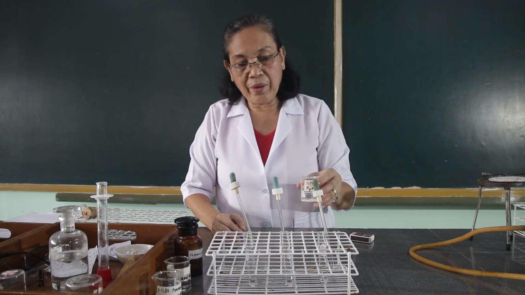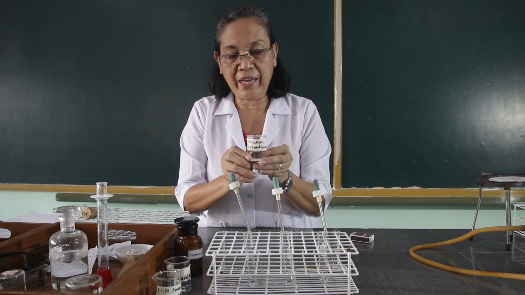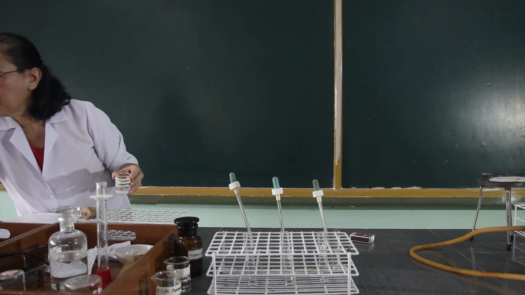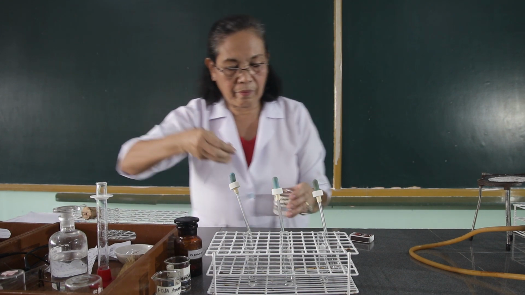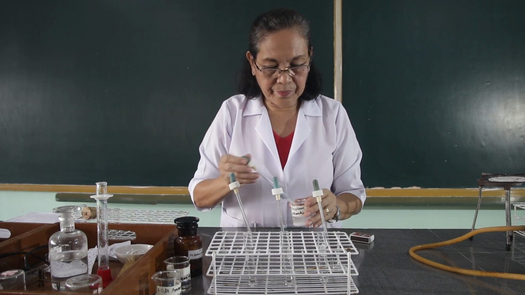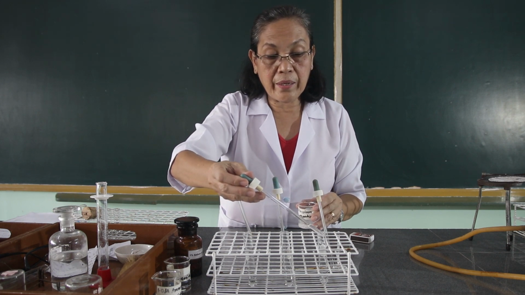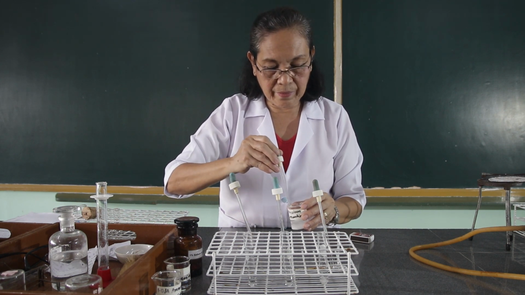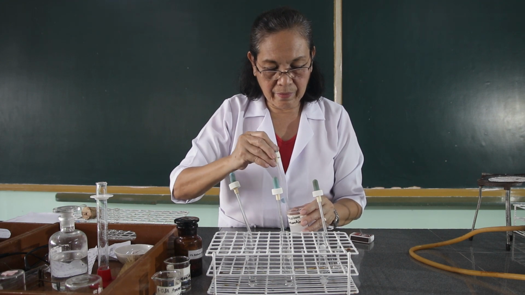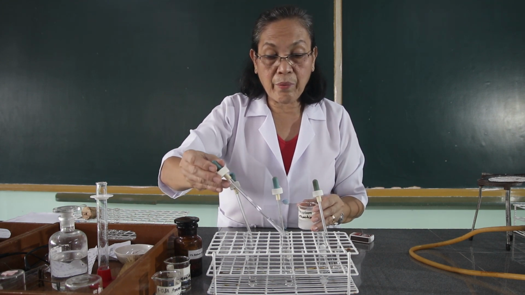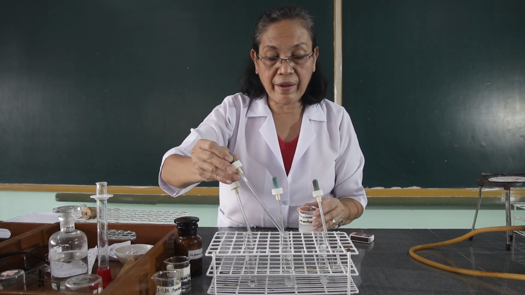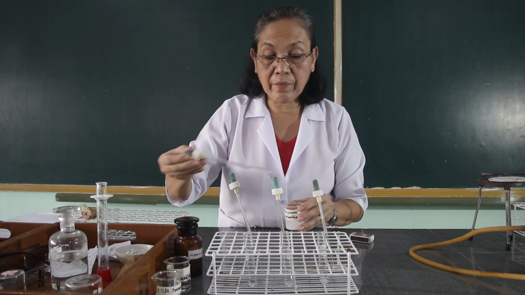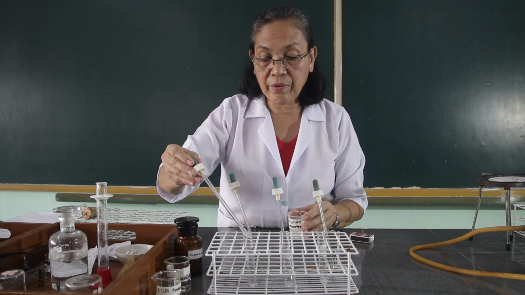Then we will add 5 drops of the potassium pyroantimonate to these solutions. 1, 2, 3, 4, 5.